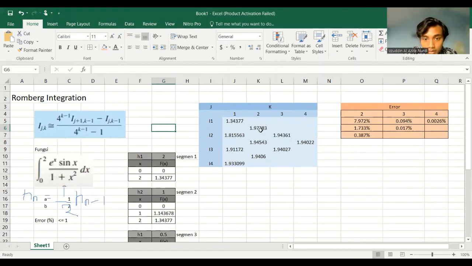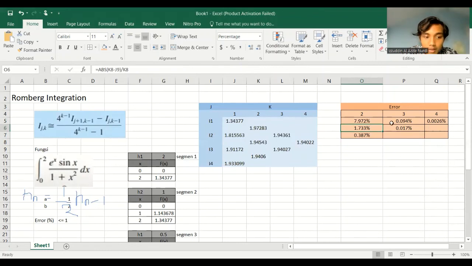And in step 2 we get this, and in step 3 we got this, and in step 4 we only have one integration. This is the value, and this is the error of this integration. The error is actually the absolute value of the difference between successive values, divided by the latest value, and it's the same for the others.